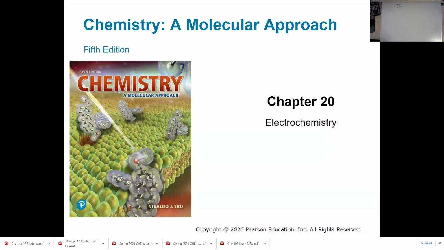Okay, so one thing that you want to do before you get into this chapter is go back to chapter 5 and look at the list of oxidation state rules for the assigning of oxidation states, because we're going to need those throughout this chapter. If you look on your Pearson shared documents, I posted that list of rules again.